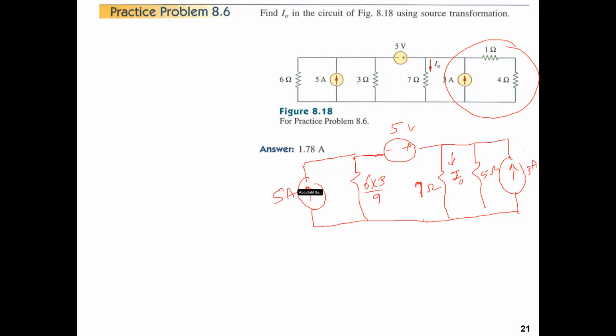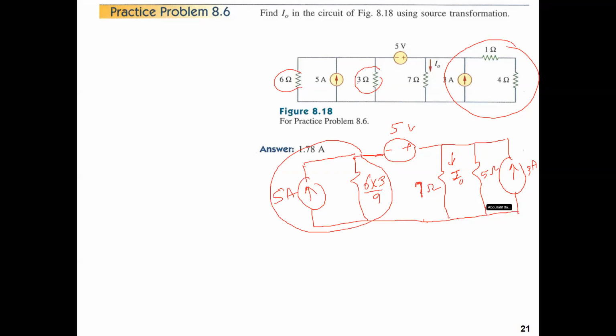So what I did here, combine the 3 and the 6 as one resistor, and then I will convert or transfer this current source into a voltage source, and then I combine the 2 voltage sources into one, and then convert it back into a current source. So at the end, I will have parallel branches all together.